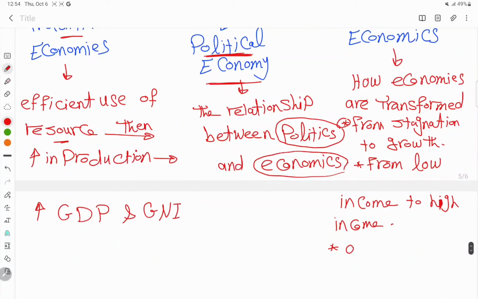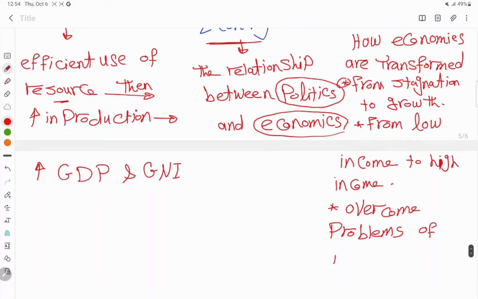And number 3, overcome problems of absolute poverty.